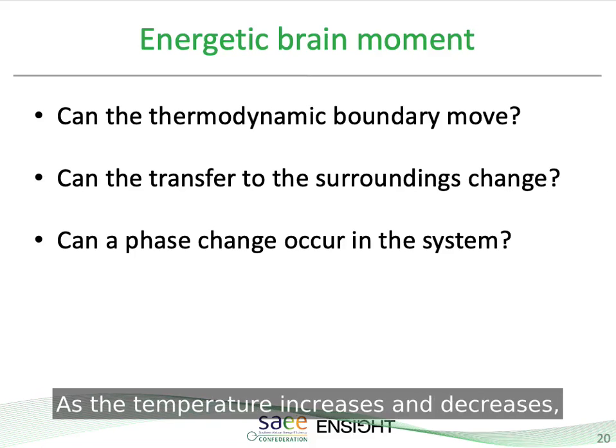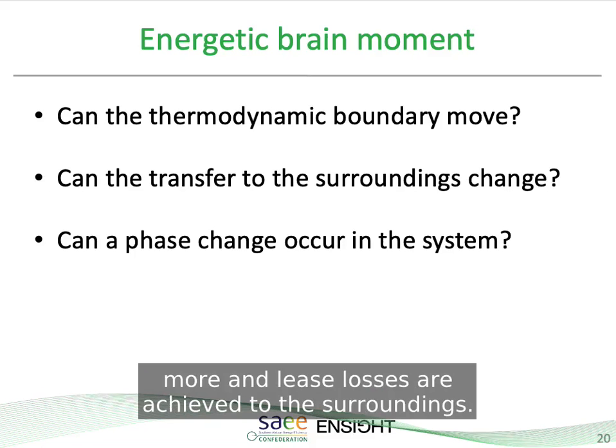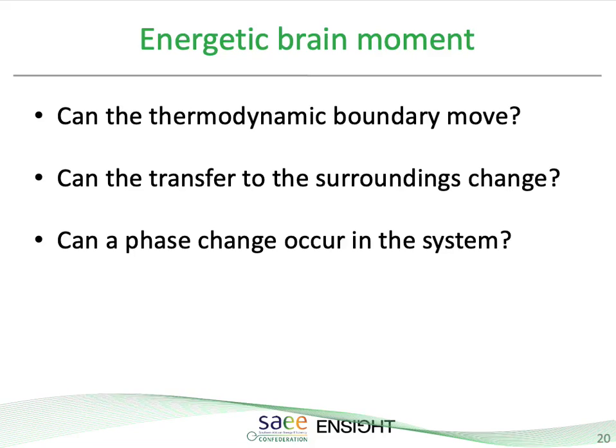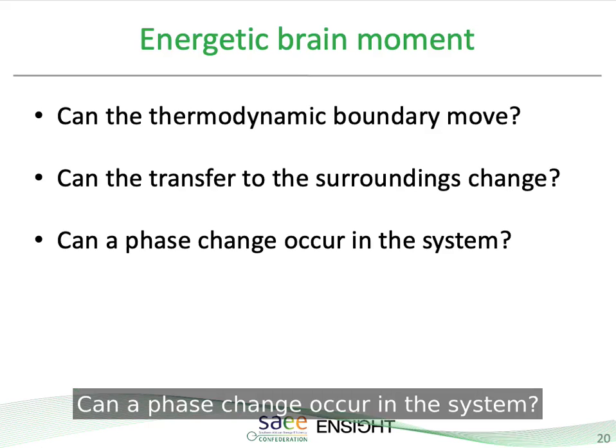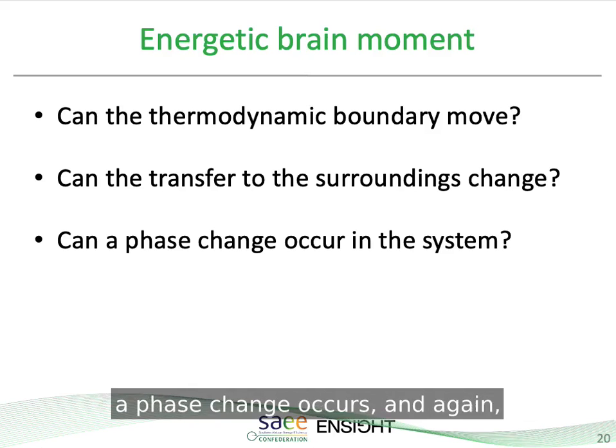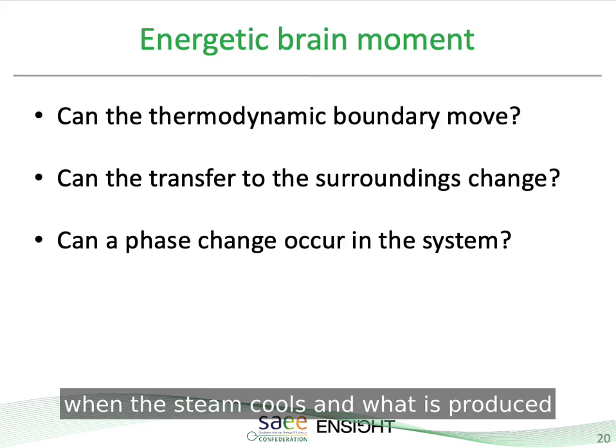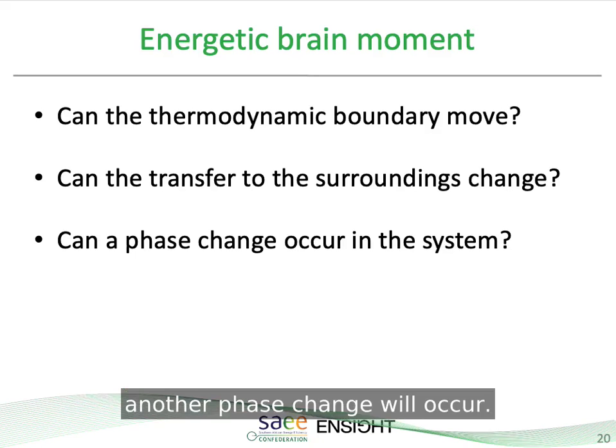As the temperature increases and decreases, more and less losses are achieved to the surroundings. Can a phase change occur in the system? Yes. When water is generated into steam, a phase change occurs, and again when the steam cools and water is produced, another phase change will occur.